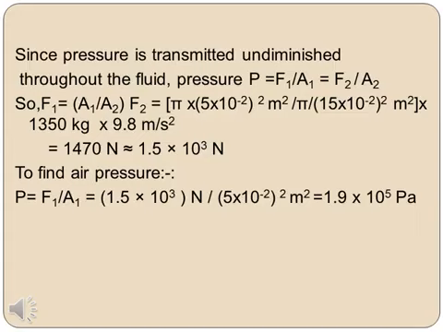It is approximately equal to 1.5 into 10 the power of 3 Newton. To find air pressure that will produce this force, we have P is equal to F1 by A1. By substituting the values of F1 and A1, we get the air pressure P is equal to 1.9 into 10 the power of 5 pascals.